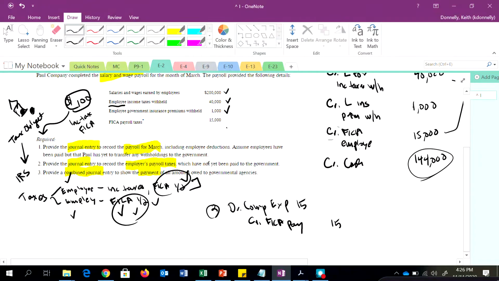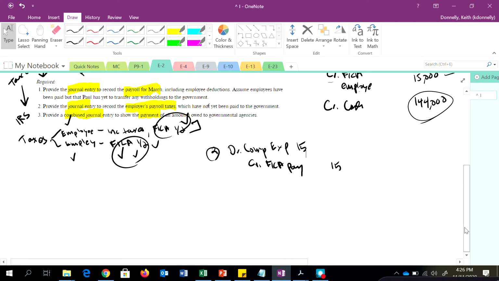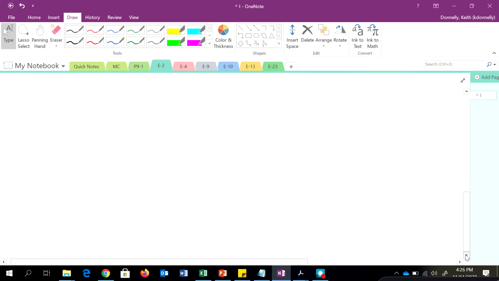Finally here, for 3, they're saying, can you please make a combined journal entry to show the payment of all of the amount owed to government agencies? So essentially, you're a business, you have an employee who's made money. You as the business have withheld some of that money and need to send it to the IRS.